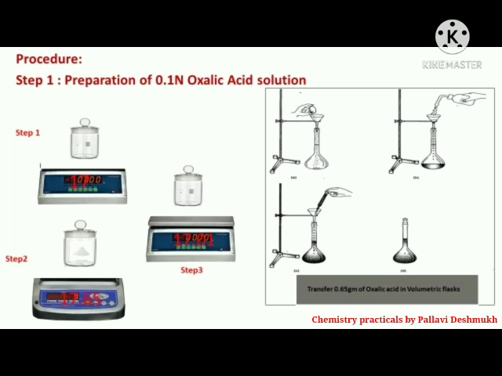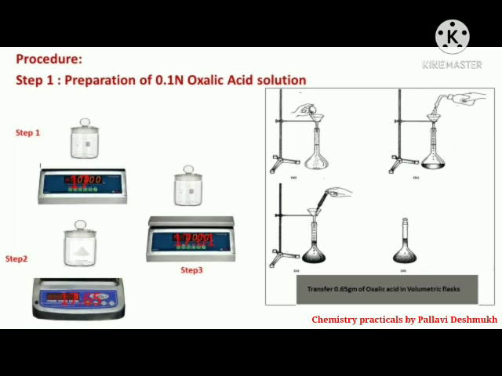Now the procedure. In the first step, we have to prepare 0.1 normal oxalic acid solution. For that, we have to note down the weight of an empty, clean and dry weighing bottle. After that, add approximately 0.65 gram of oxalic acid into the empty weighing bottle and note down the weight.